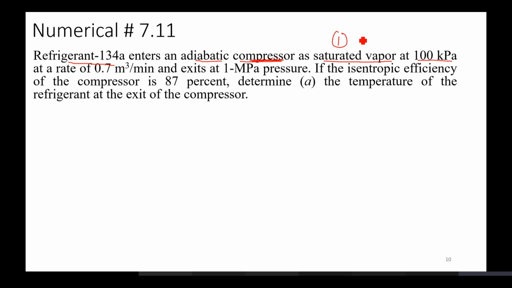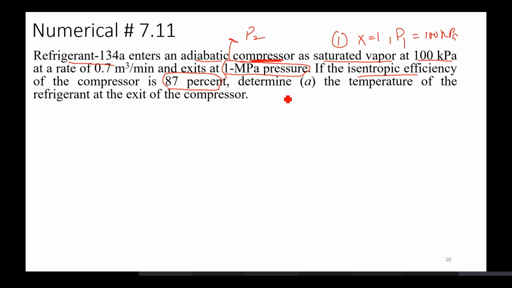So the inlet condition is X equals 1, pressure equals 100 kilopascal, at a rate of 0.7 meter cube per minute, and at 1 megapascal pressure at the outlet, the pressure P2 is known to you. If the isentropic efficiency is 87%, you have to determine the temperature of the refrigerant exit.